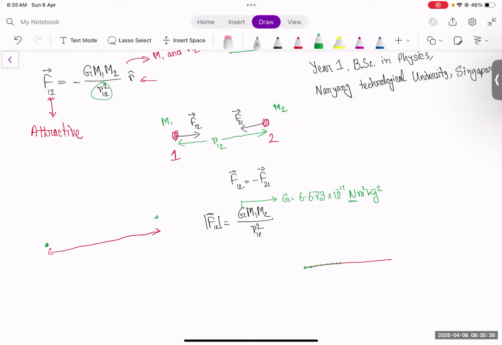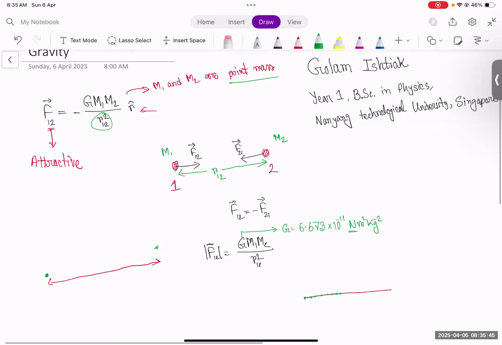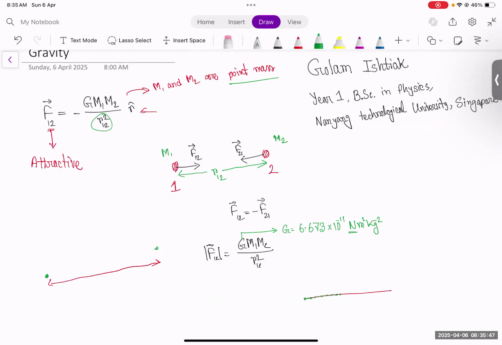But integration is not part of our curriculum right now. We won't be discussing that. So our study will be restricted to point masses and some specific symmetric scenarios.